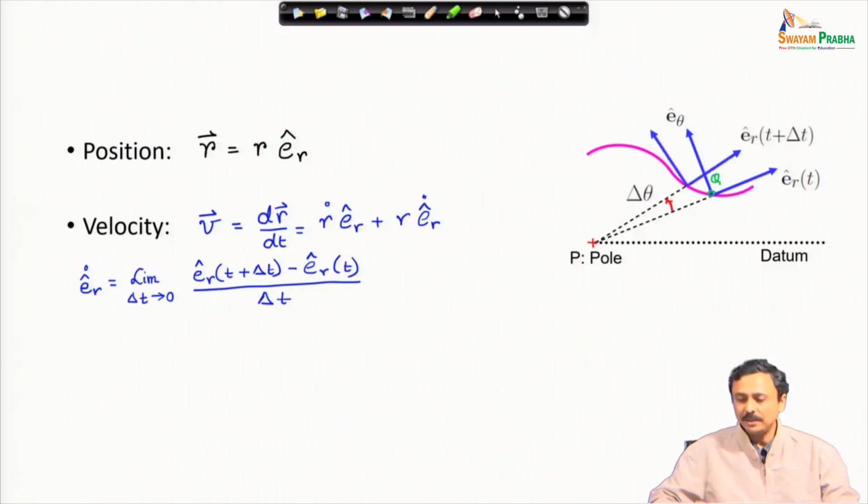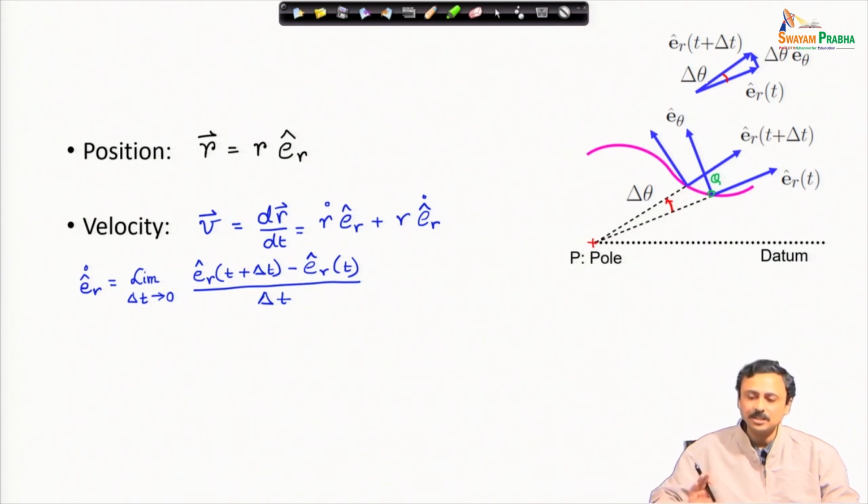So, we look at Er cap vector at 2 time instants, compare them. Remember, they are unit vectors, so magnitude will not change, only the direction changes. And how much will the direction change? Exactly delta theta that I have shown here. So, that is the change in direction of Er cap vector as it moves from time t to t plus delta t.